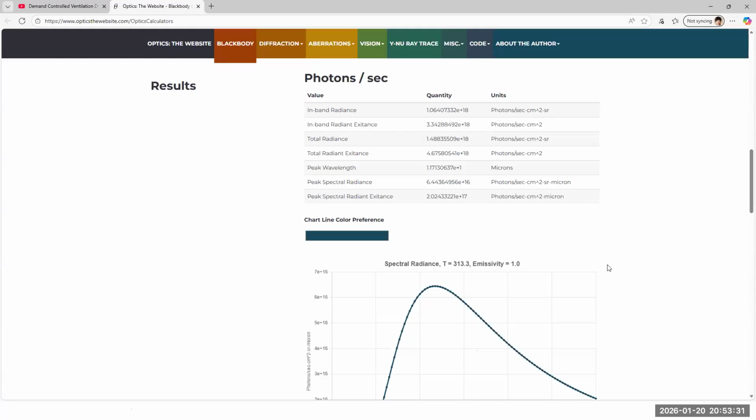So if the black body is 40 degrees Celsius, the peak intensity wavelength is 11.7 micrometer.